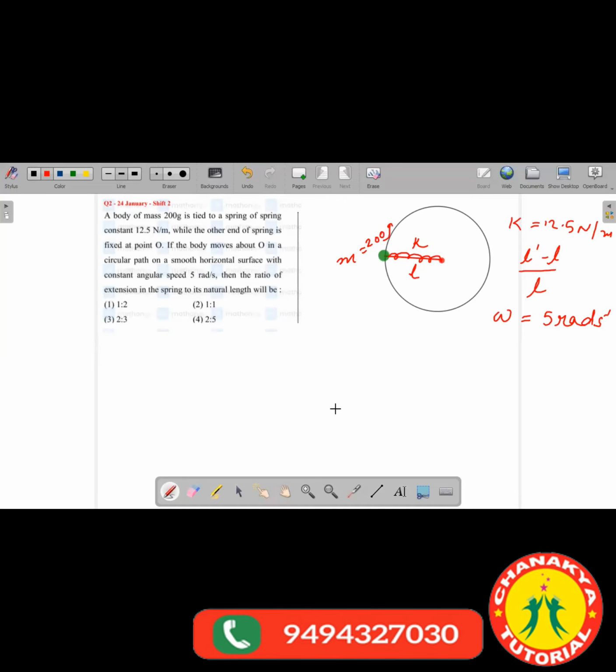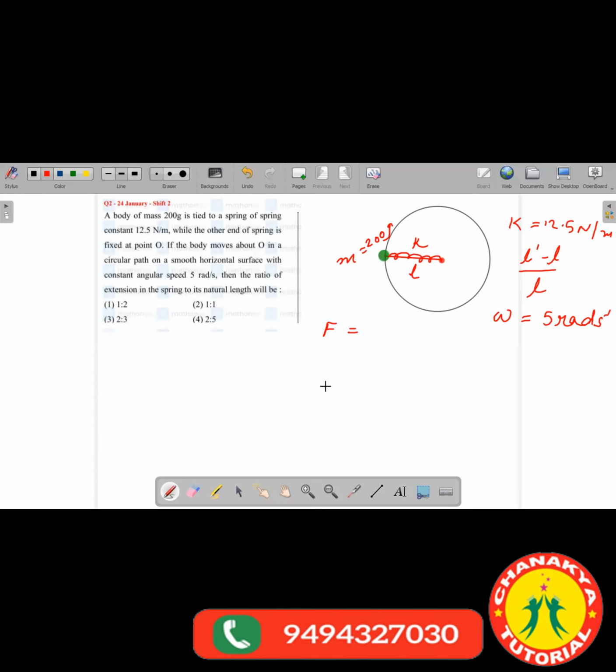Sir, is it because of centrifugal force? Yes, there will be a centrifugal force experienced by this mass. So can we give the quantity of the centrifugal force? In terms of the quantities given here, can you give the amount of the centrifugal force experienced? Very good. You said it will be the centrifugal force.